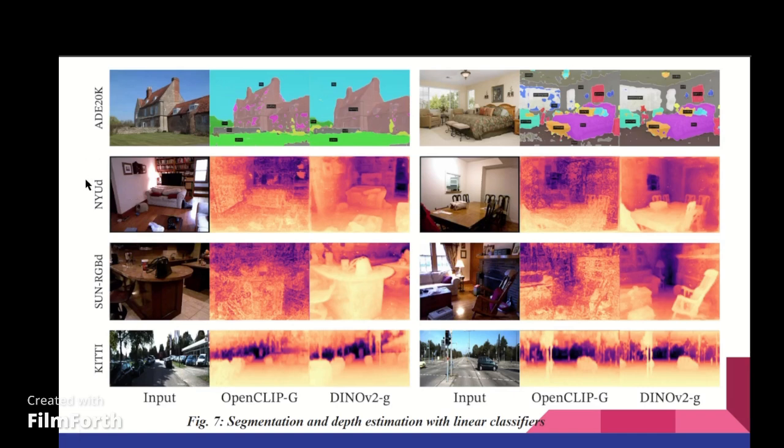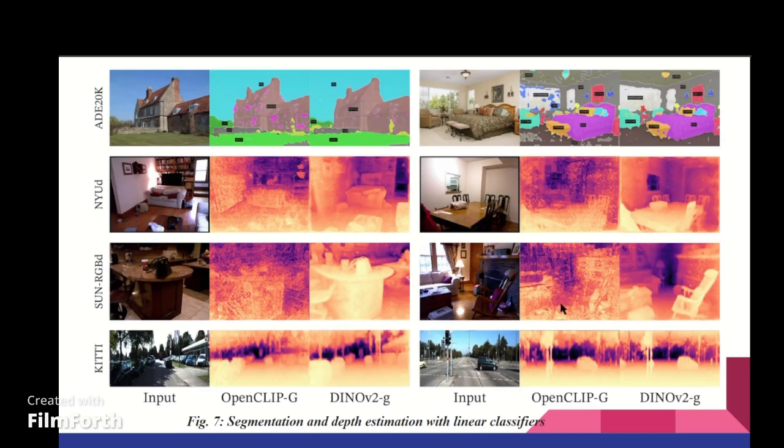So in the first image you can see one input was taken from the ADE20K dataset, and how the results are compared with the OpenCLIP G and the DINOv2 G. And you can see DINOv2 always outperforms in all of the cases.